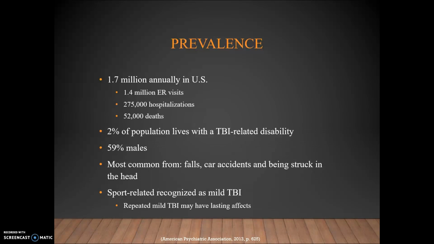And the most commonly, these are from falls, car accidents, and being struck in the head. So just normal accidents that occur every day can result in this neurocognitive disorder, because traumatic brain injury can really happen at any point during this time.